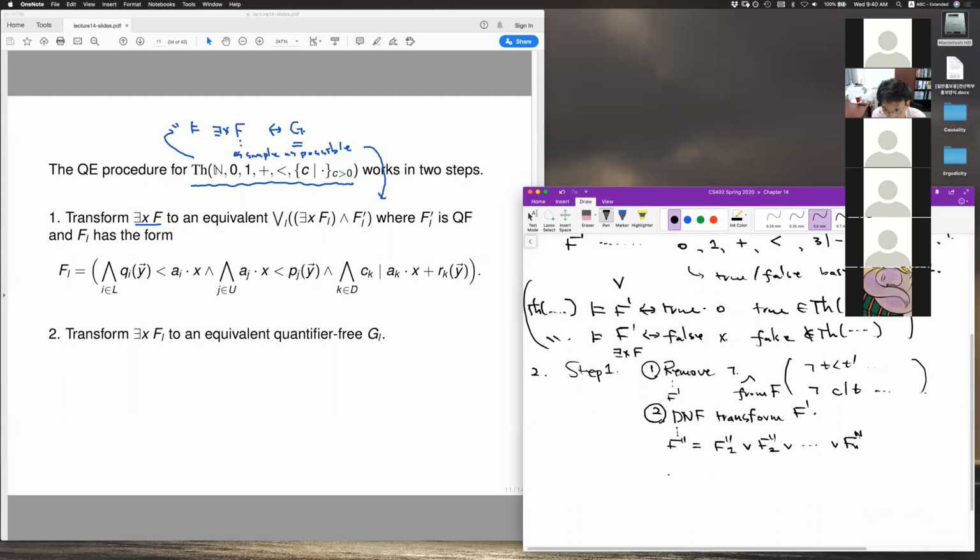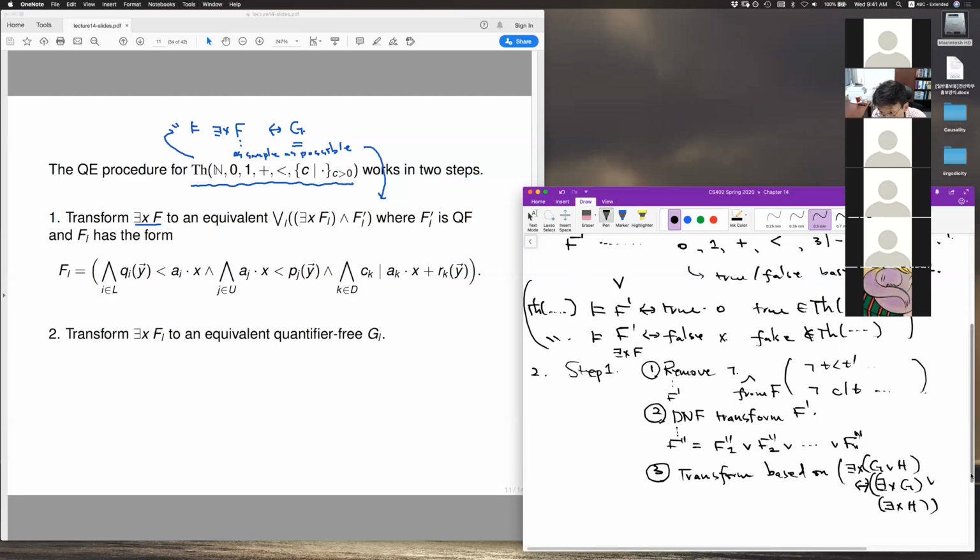Then the third step is to use the following equivalence: exists x dot (G or H) is equivalent to (exists x dot G) or (exists x dot H).